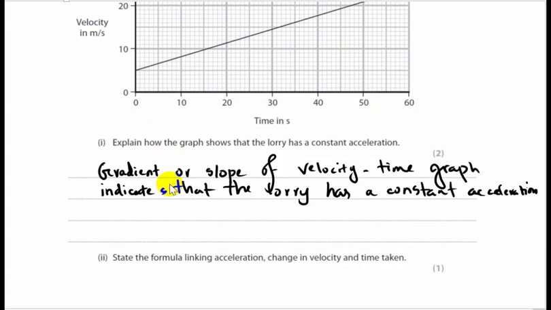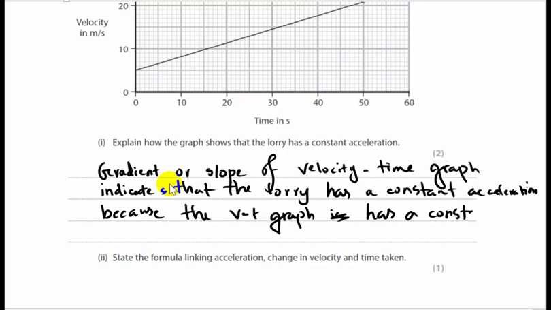Because the velocity time graph has a constant gradient.